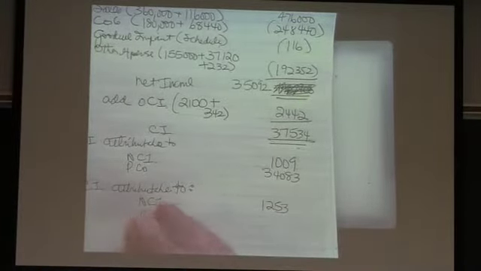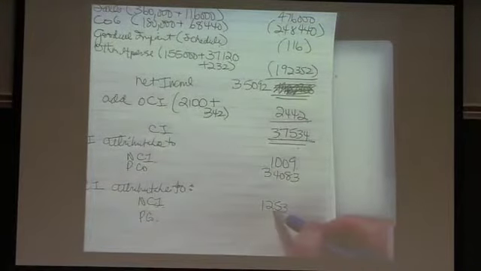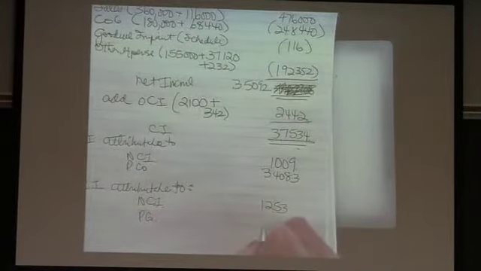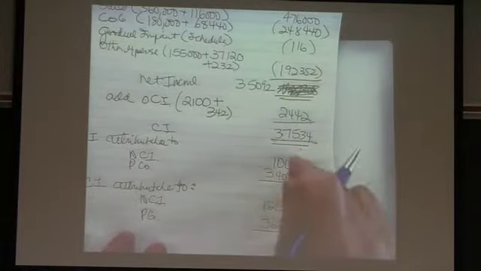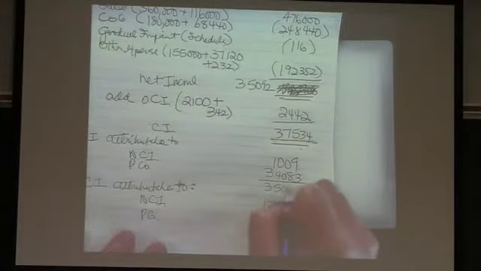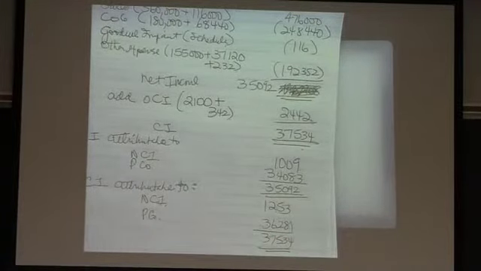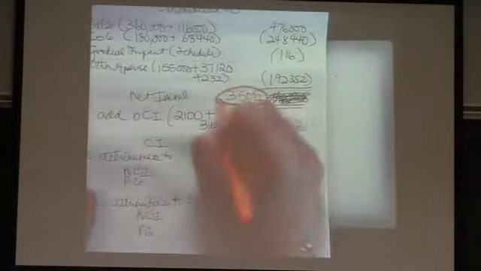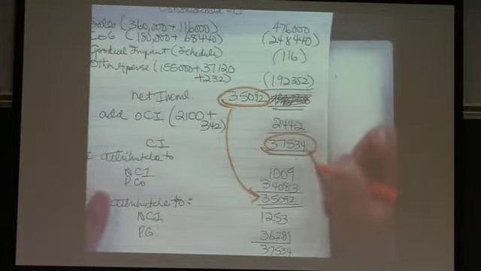And P company would be the difference between this number less 1253, which is 36,281. So if I do a subtotal of these two, this subtotal should be 35,092, and this subtotal should be 37,534. Okay, so I just want to highlight these two and this one. This one is this one here, and this is this one here.